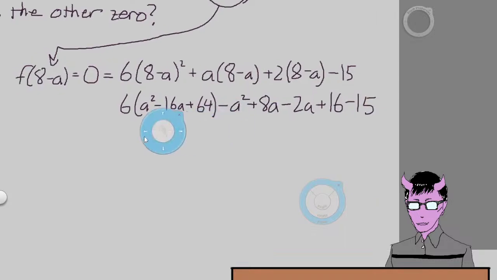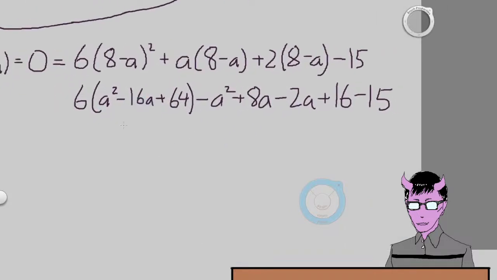Alright, so a little bit more distribution to contend with. So this one distributes to this one, and that one is 96. Almost nice. Reverse nice. Yeah, 96. And then 6 times that one, kind of unpleasant.